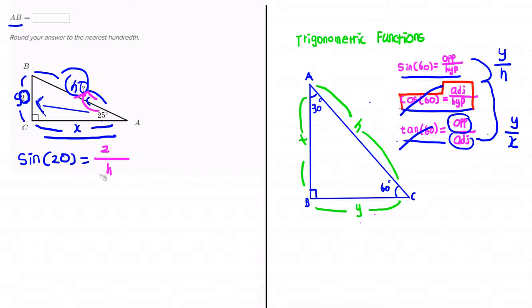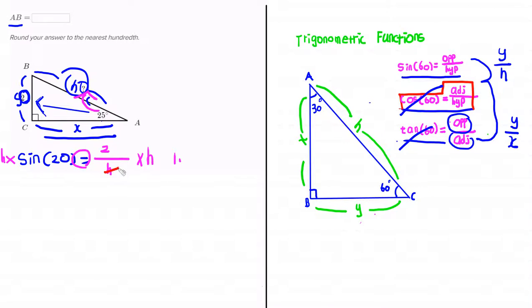But we need to remove this h from the right side and leave it on the left side. So we can multiply by h in order to isolate h on one side. And if we multiply h to the right side, we also need to multiply h to the left side to keep this equation equal. So this is our first step.